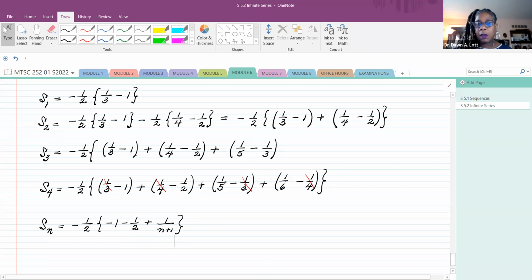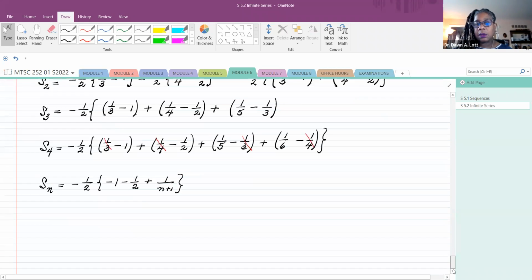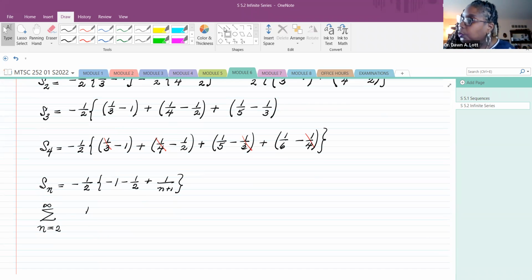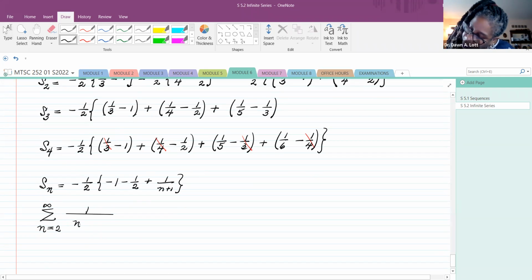Okay. All righty. So now the sum, n equals 2 to infinity of 1/n² - 1, is going to be the limit as n approaches infinity of the nth partial sum.